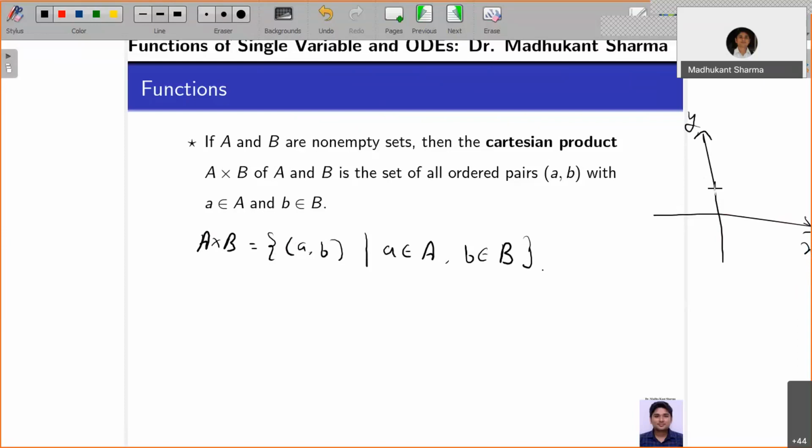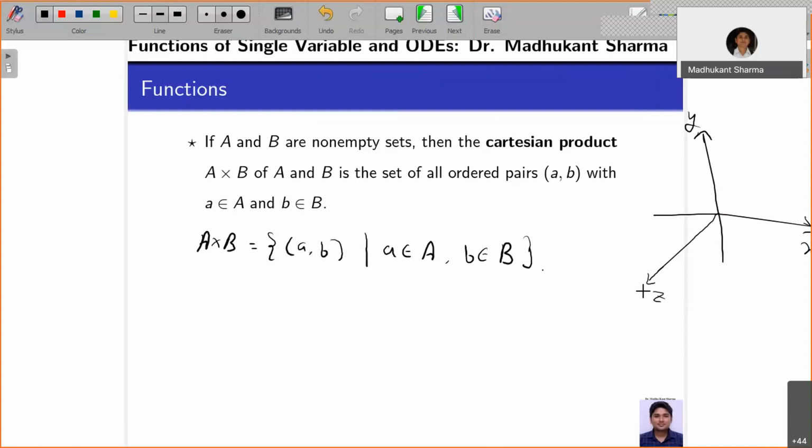If you once more multiply R cross R, you will get space, and so on, 3-dimensional, 4-dimensional, and so on. So that's a direct connection between the real line and this Cartesian product.